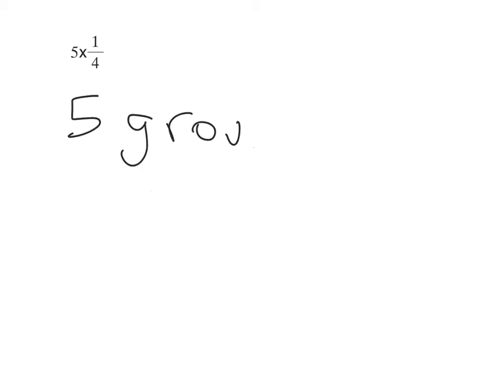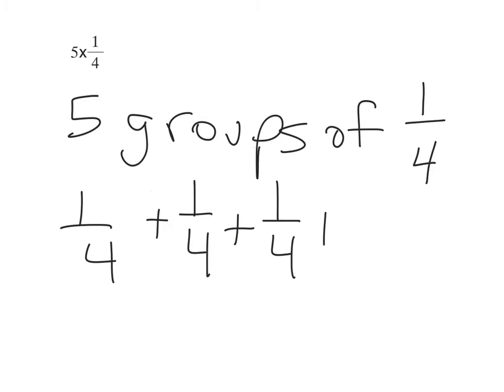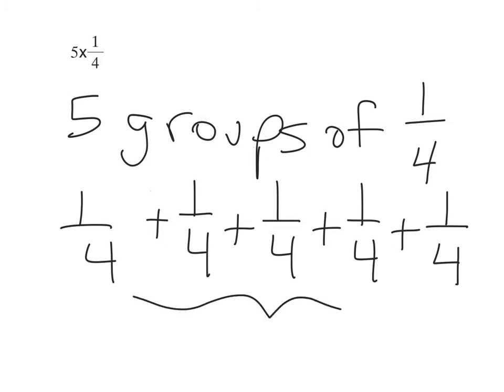So 5 groups of 1/4. What does that look like? That would be 1/4 plus 1/4 plus 1/4 plus 1/4 plus 1/4. This is what 5 groups of 1/4 looks like.